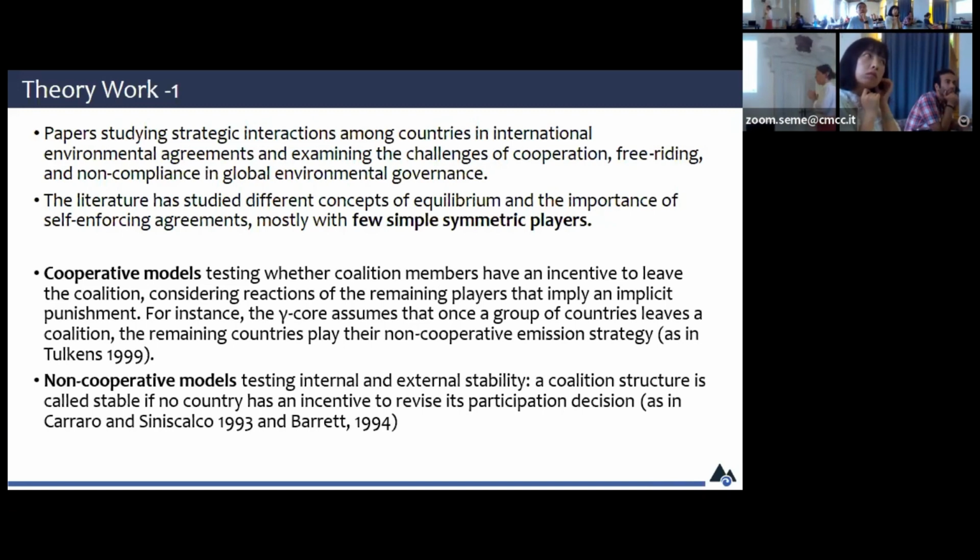Let's go back to the example, Italy, US, and China. To calculate whether this coalition is stable for Italy, we will calculate the payoff for Italy in the coalition. And then we will assume that China and USA are doing their business and Italy deviates alone. The payoff that Italy gets then is obviously very good. They're not paying any abatement costs and they're benefiting from the effort of China and the US.